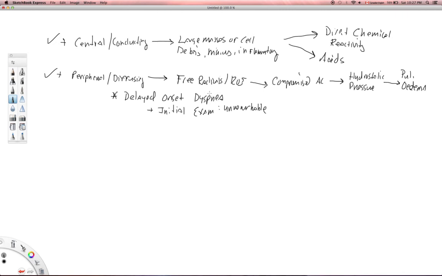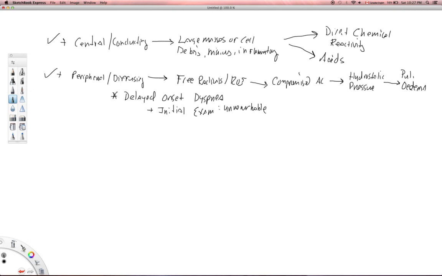So if you ever suspect some sort of chemical exposure, and the patient tells you that maybe they were exposed a few hours earlier and now they're having these problems, that is really something that you want to key on. This is a very concerning situation, and the delayed onset dyspnea really should key you into, okay, maybe something's going on here.